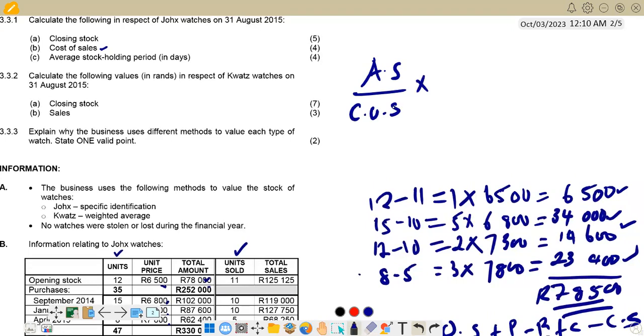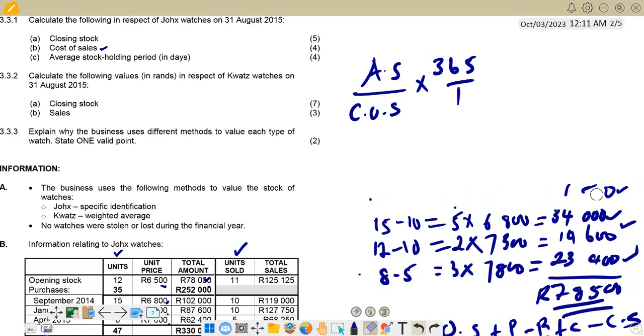Then they are just saying average stock holding period in days, and we've got 365 days in a year. We use the figure 365 over 1. So let's see if we do that, what do we find?